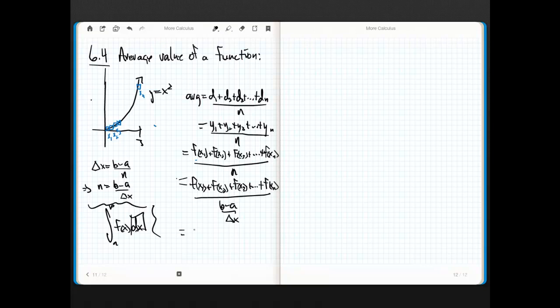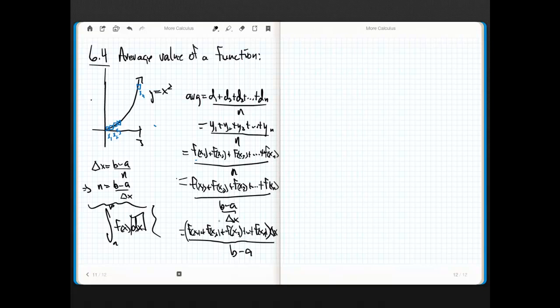Remember, when I divide by fractions, I invert and multiply, or I reciprocate and multiply. So this ends up being the whole sum of f of x sub 1 through f of x sub n, divided by b minus a. Right? That's what the average value is.